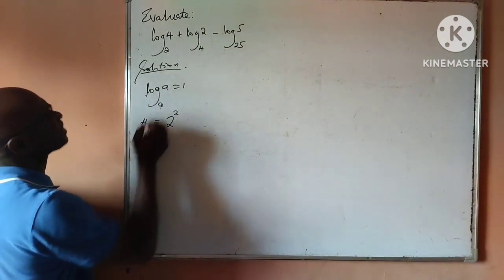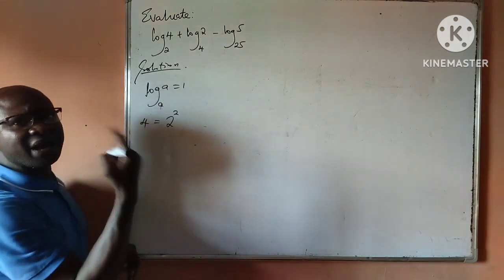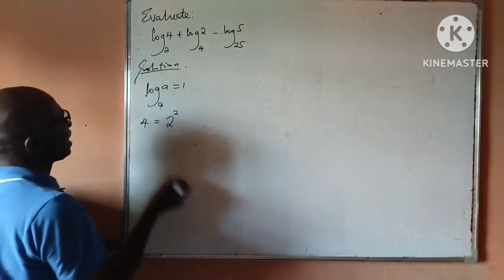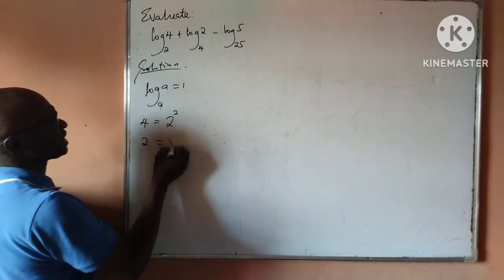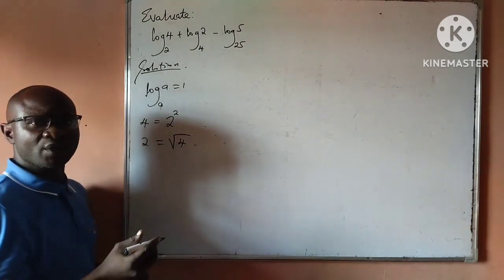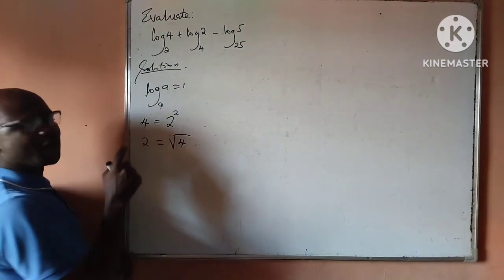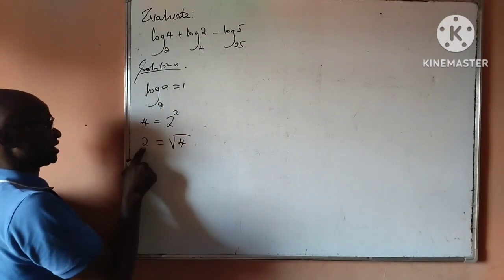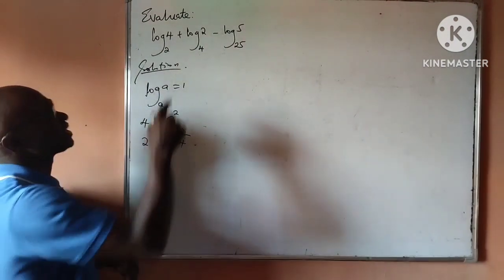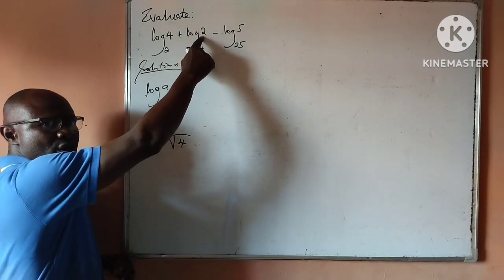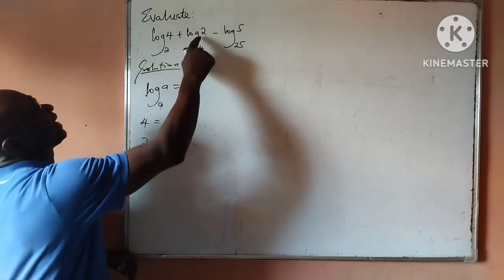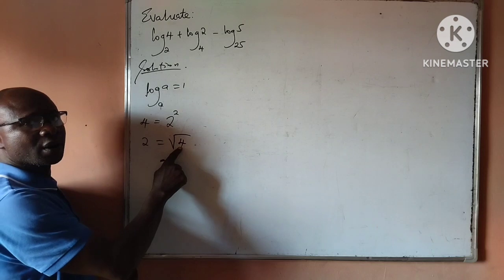So how do I write this 2 in another way to be 4? Therefore, 2 is the same thing as the square root of 4. What that means is that I can replace this 2 with the square root of 4, since the square root of 4 is the same thing as 2. In other words, I have not changed this 2, but I have achieved my target, which is making this place to come with the 4.